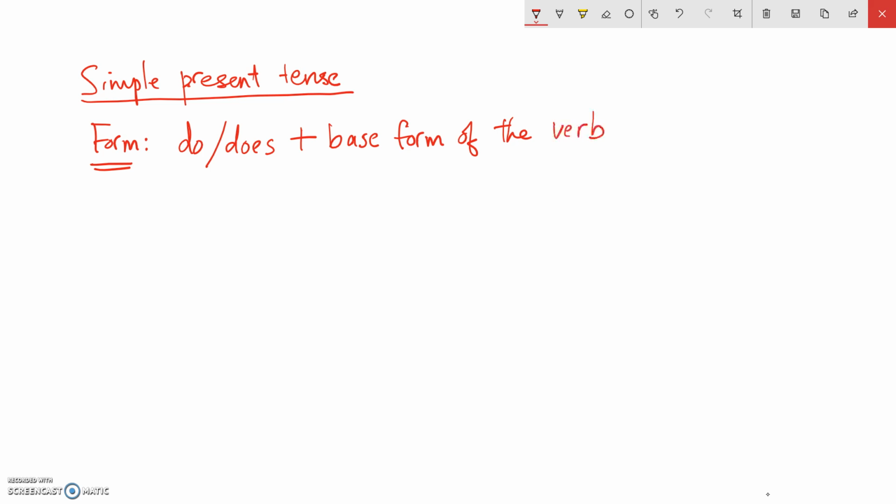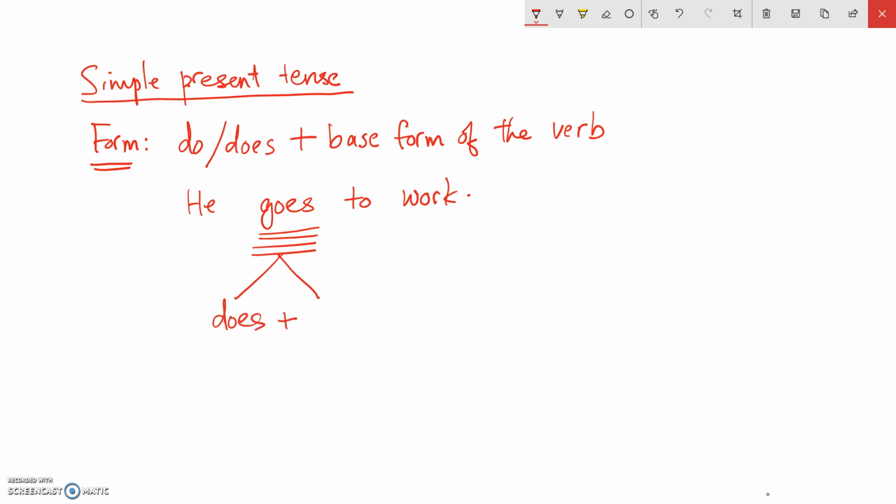What does this mean? For example, look at this sentence. He goes to work. In this sentence, which is written in simple present tense, if you look at the word goes, it can be divided into two.